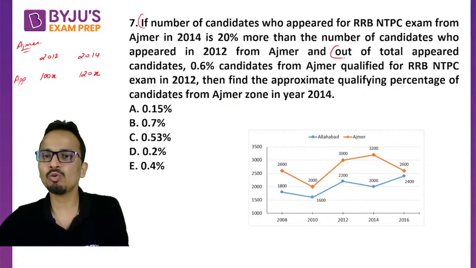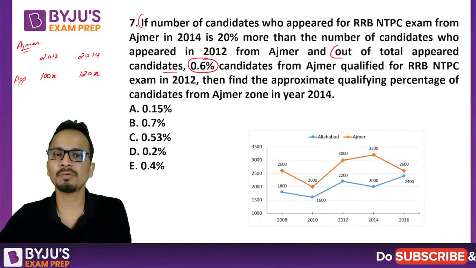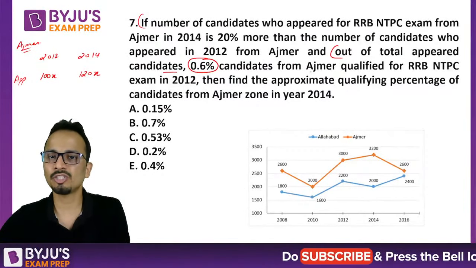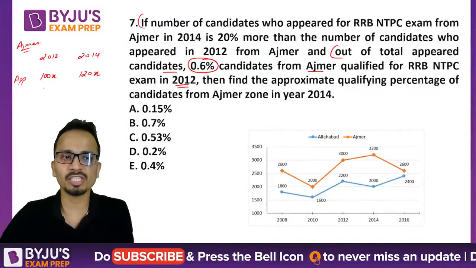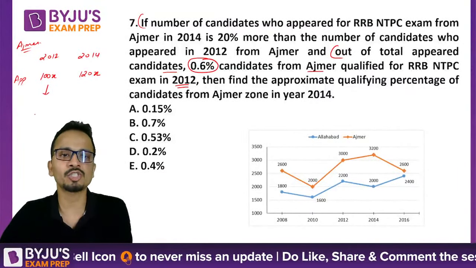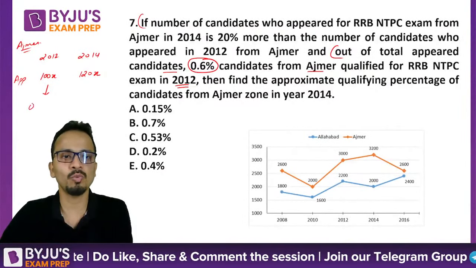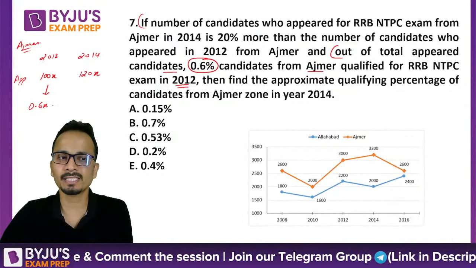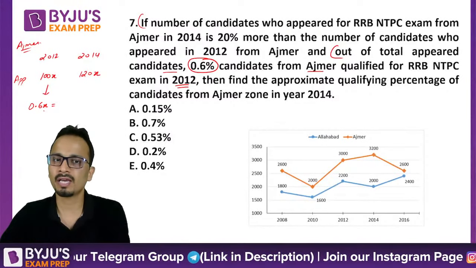And out of the total appeared candidates, 0.6% candidates from Ajmer qualified in 2012. So of all those who appeared in 2012, 0.6% qualified. So 0.6 percentage of 100x will be 0.6x, and now this number can be picked up from the graph.